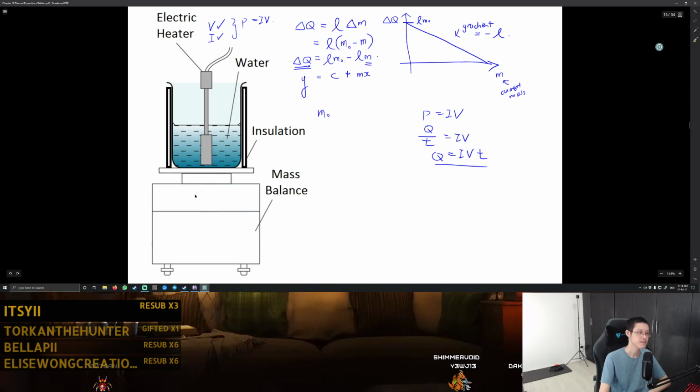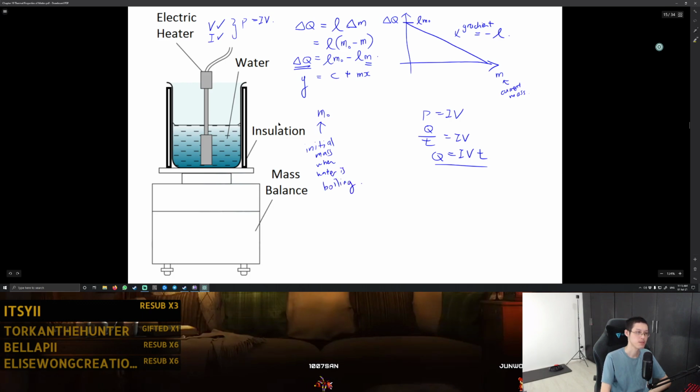Then you're going to heat up the water and wait till it boils. When it starts boiling, you measure the mass. Sorry, you should measure the mass when the water is boiling. So this m naught is the initial mass when water is boiling.